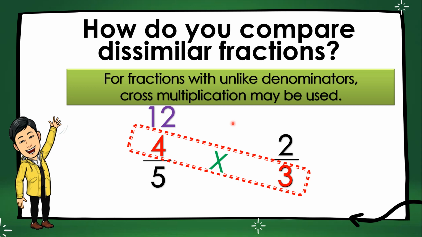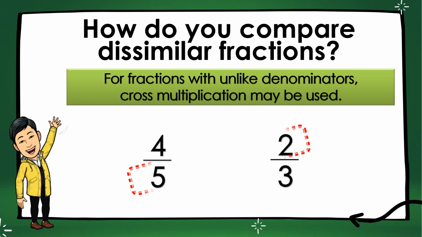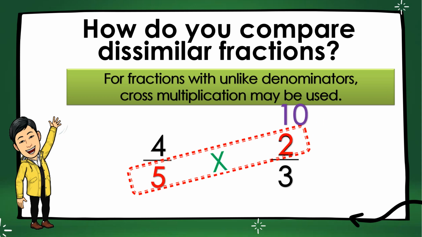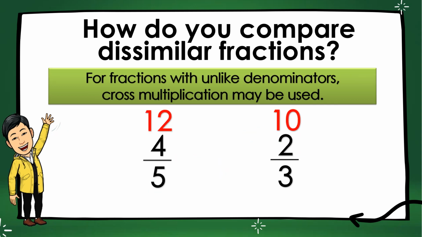We have 5 times 2 is equal to 10. Okay. Then what's next? 12 and then 10, which is bigger. There you go. So 12 is greater than 10.